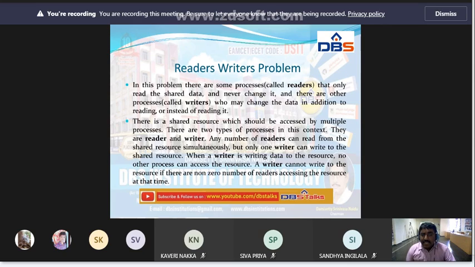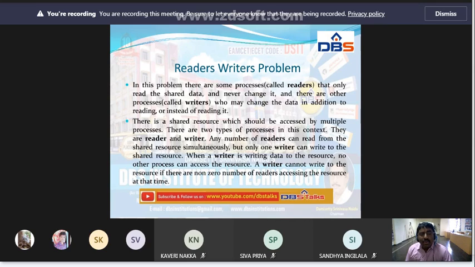When a writer is writing data to the resource, no other process can access the resource.